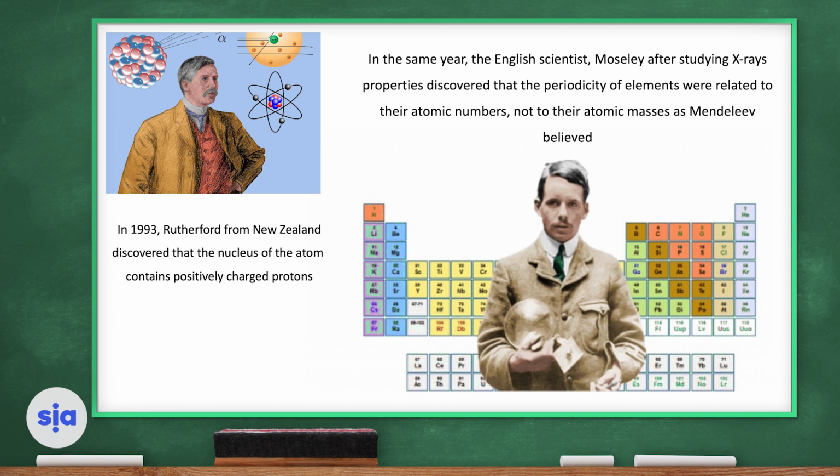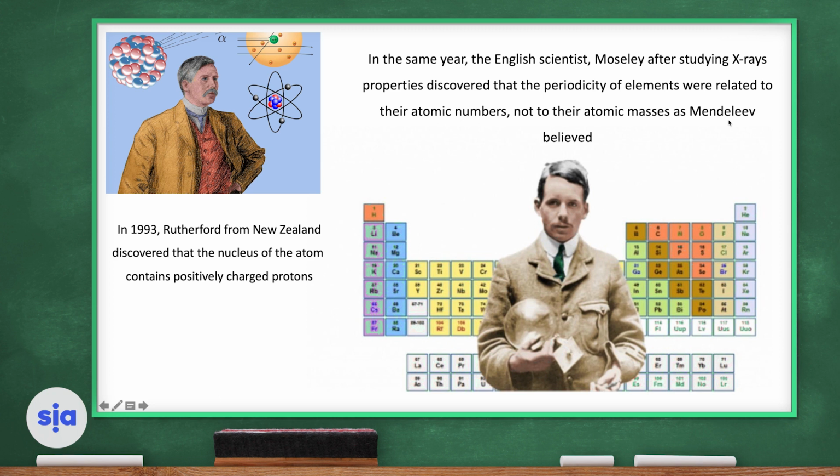So, after Rutherford discovering the protons inside the nucleus, Moseley classified the elements according to their atomic numbers, not according to their atomic masses as Mendeleev did.